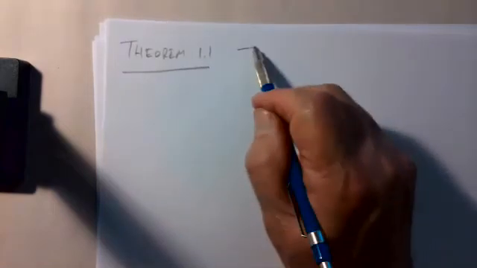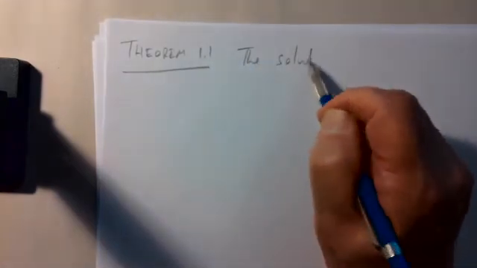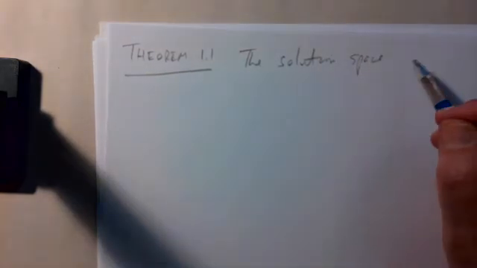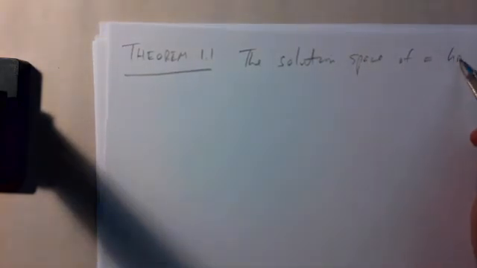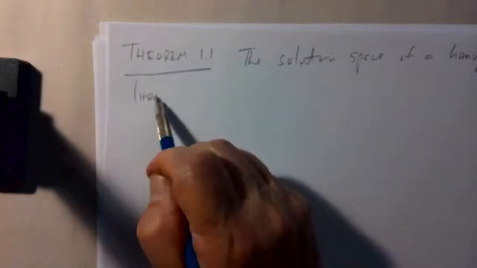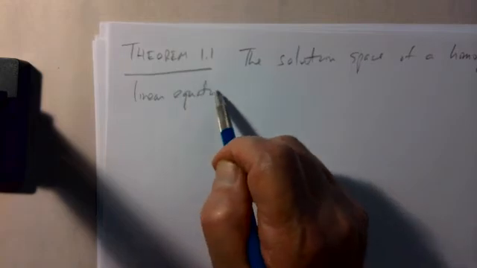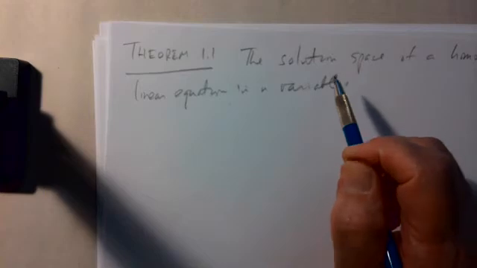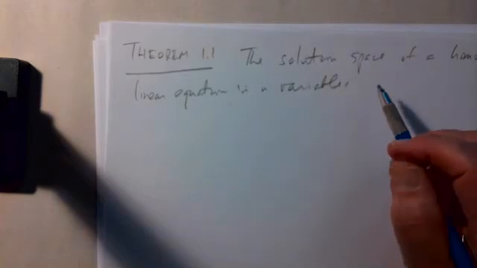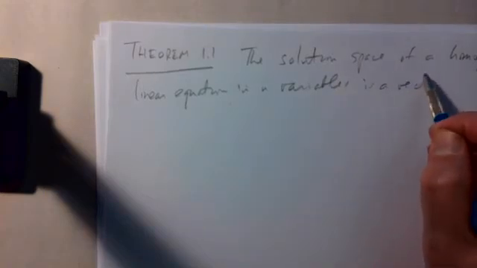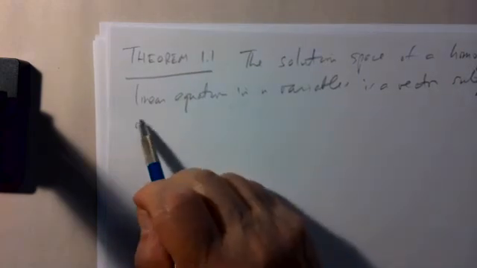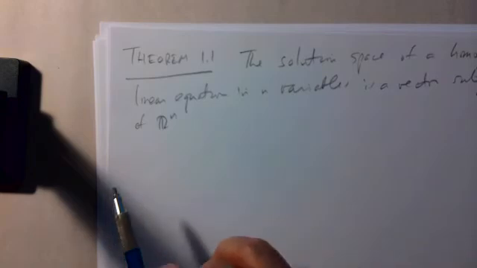It says that the solution space of a homogeneous linear equation in n variables is a vector subspace of Rn.